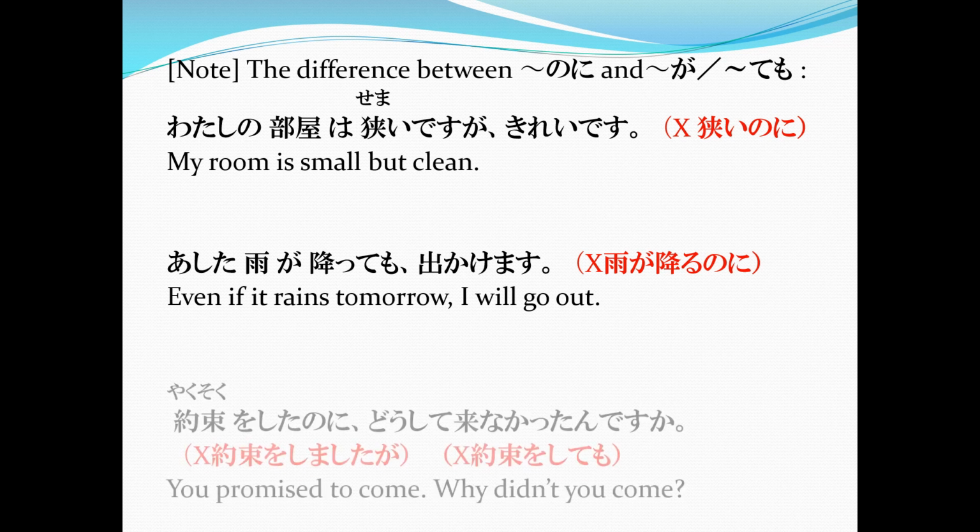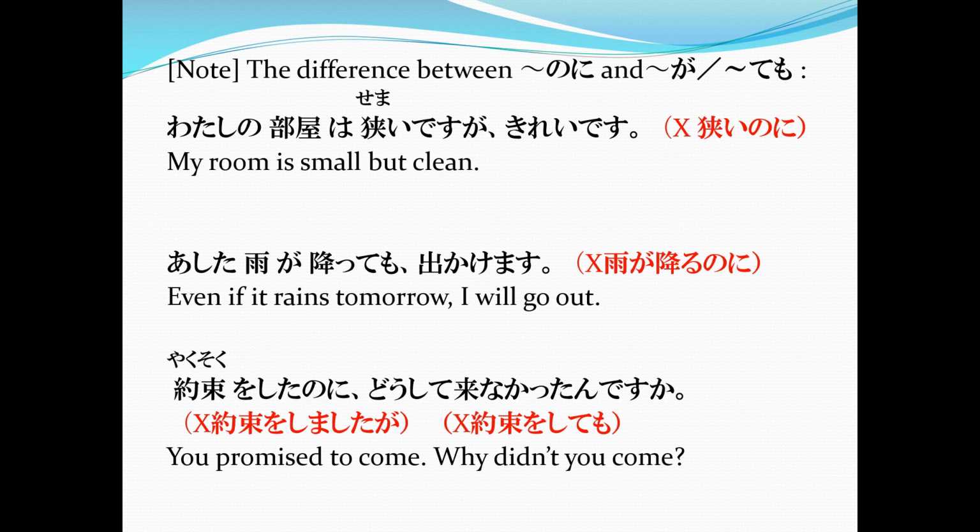Alright? Now again, 約束をしたのにどうして来なかったんですか? Now, you promised to come. Why didn't you come? Now this one, we definitely use noni because we are expressing disappointment that someone promised that he or she will come but did not come.